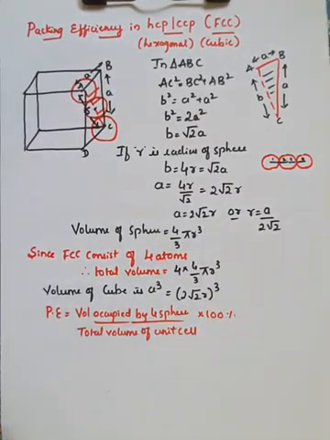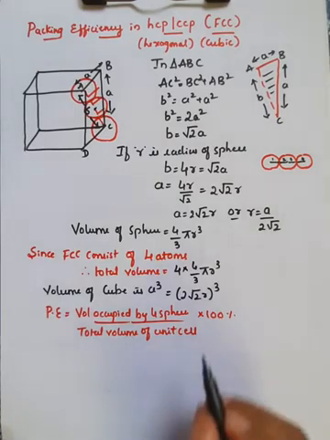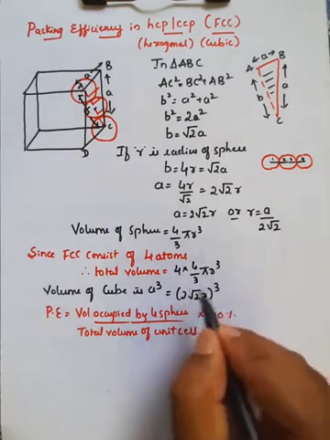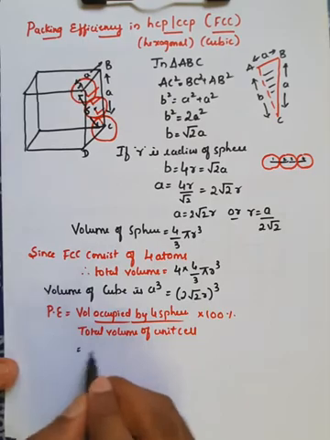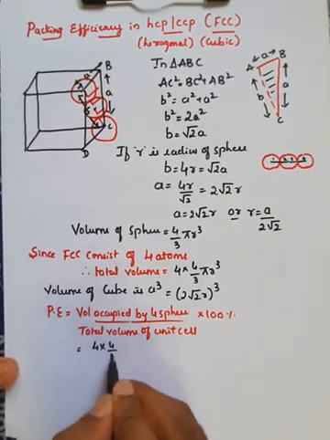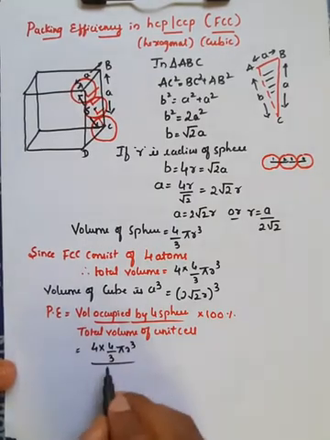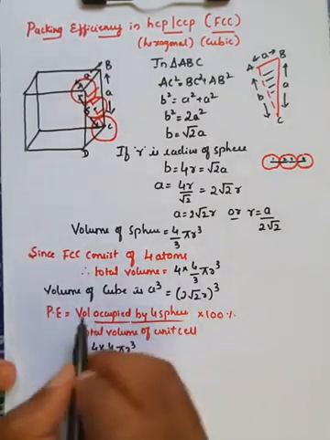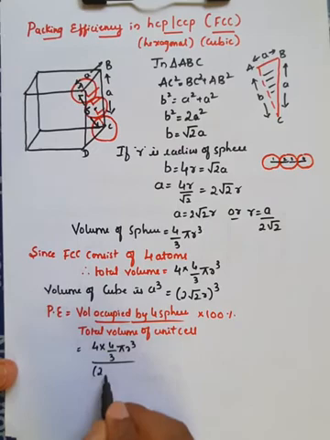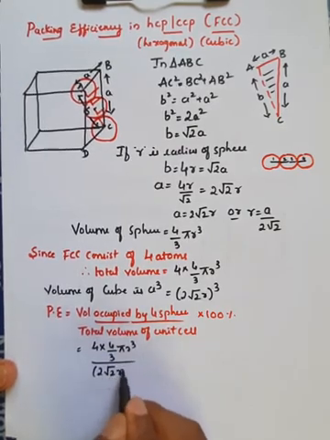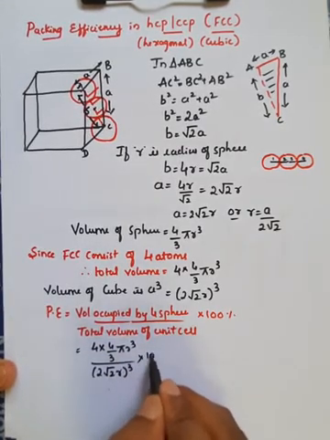The first value is 4 into 4 by 3 pi r cube, divided by the volume of the cube, that is 2 into root 2 into r the whole cube, into 100%.